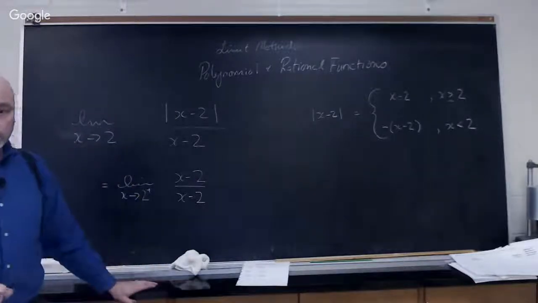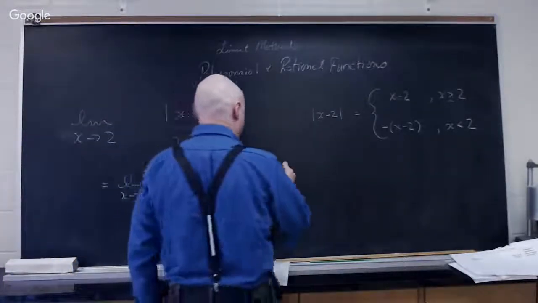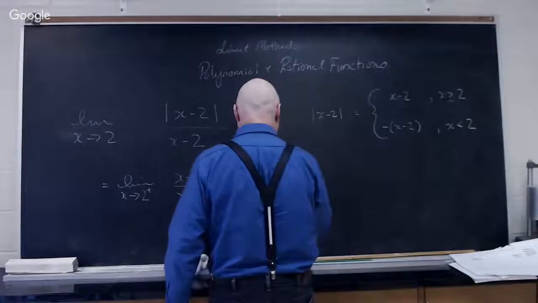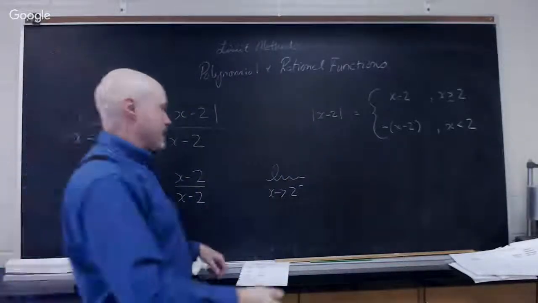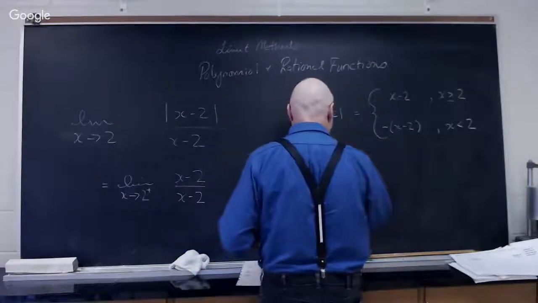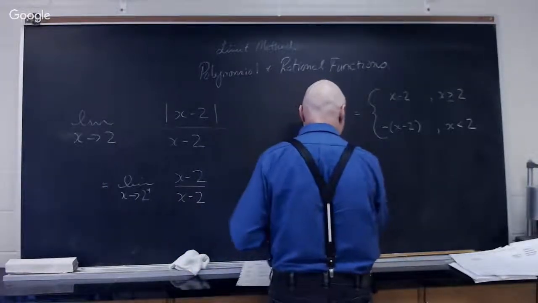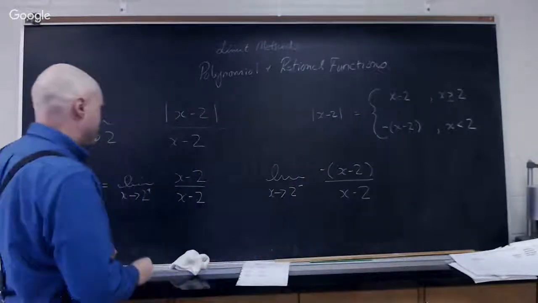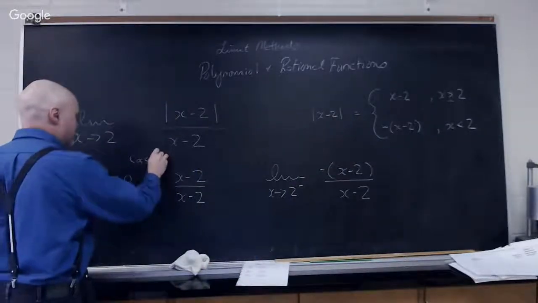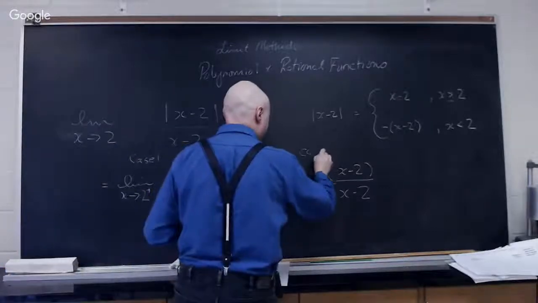Pretty simple. If we're approaching it from below, then we're looking at negative x minus 2 over x minus 2. So this is case 1, and this is case 2.